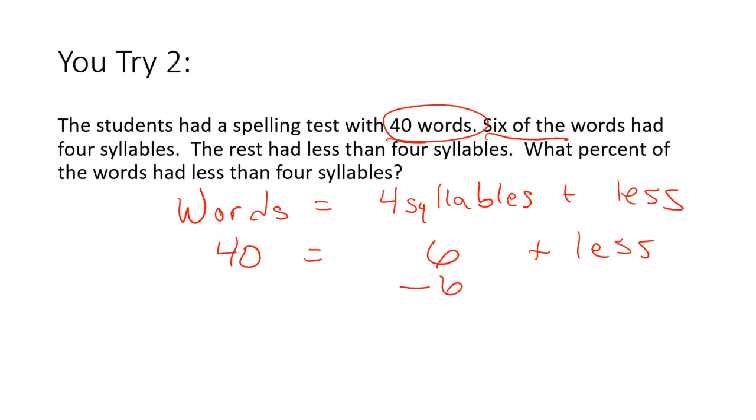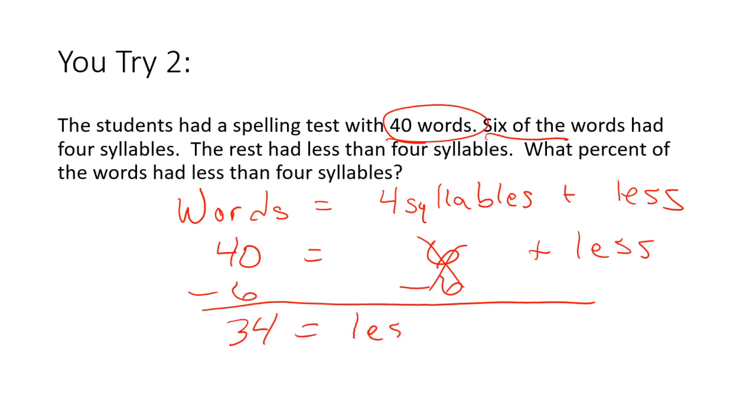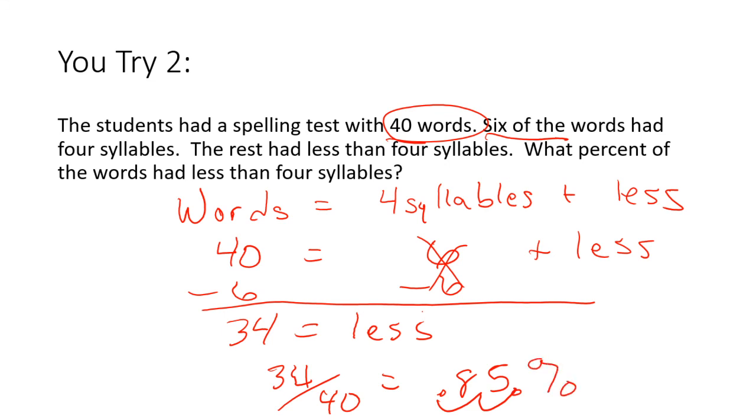So the number of the ones with less is 34. Now we need to turn that into a percentage. So I'm going to say 34 divided by the total 40. I'm going to put that in my calculator and I'll get 0.85. I can move the decimal 2 places to the right, slap on a percent sign, and I'll get 85%.